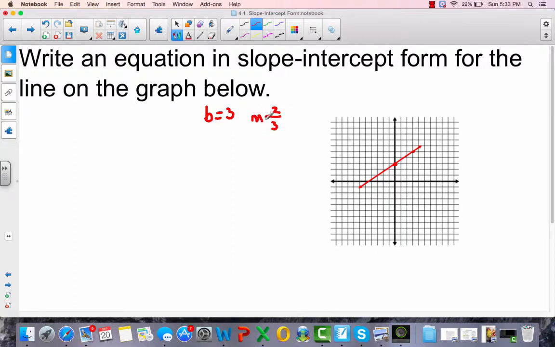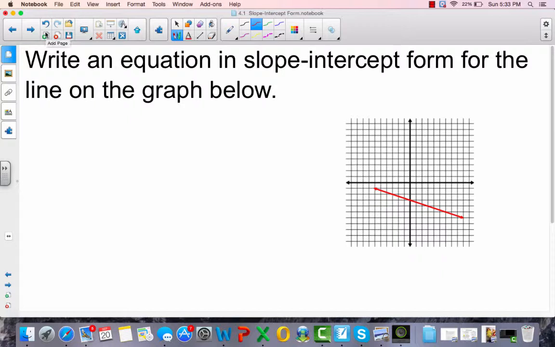So our slope is 2/3. Remember our slope-intercept form as y equals mx plus b. So we go y equals, slope is 2/3, x, and the y-intercept is positive 3. And then you've written your equation from looking at the graph. Now it's your turn. Pause the video and try this one and then come back and see how you did.